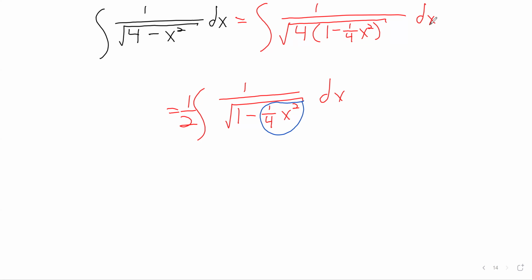And the trick is to write this as a perfect square and then use a small U substitution. This is x over 2 squared that we have here. Maybe I'll write that as 1/2 x squared.